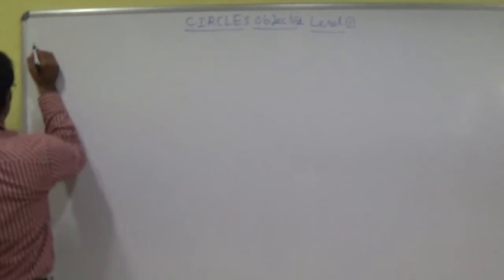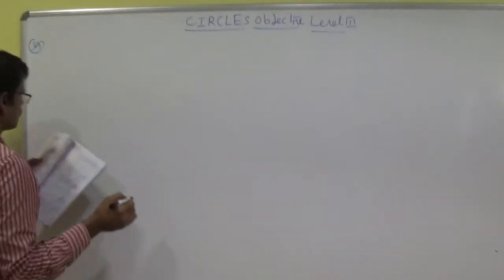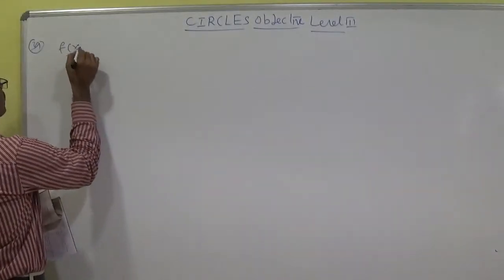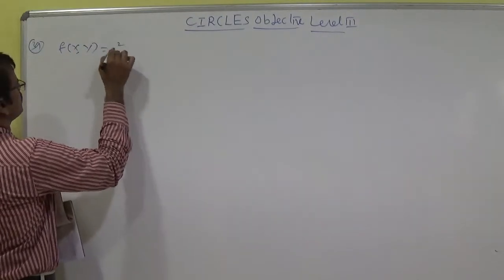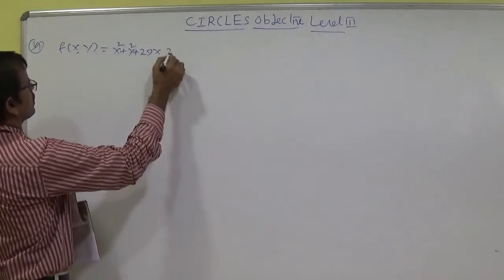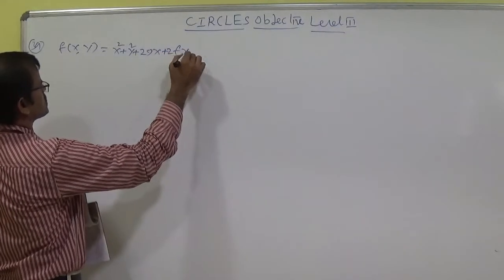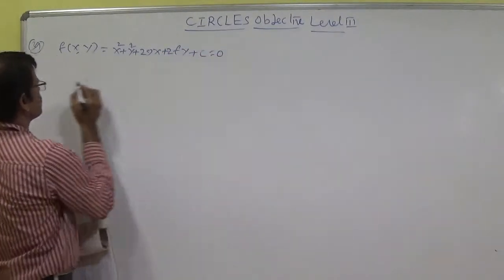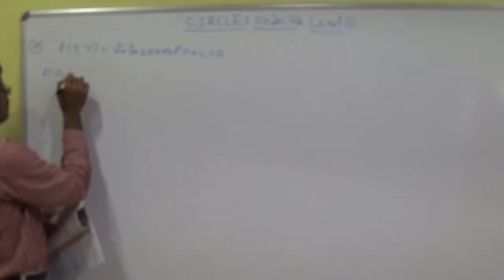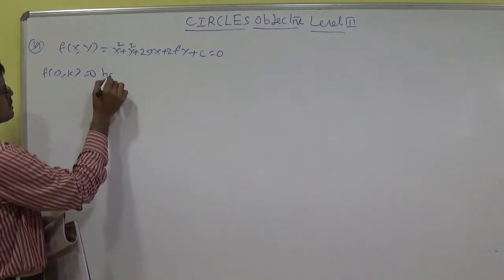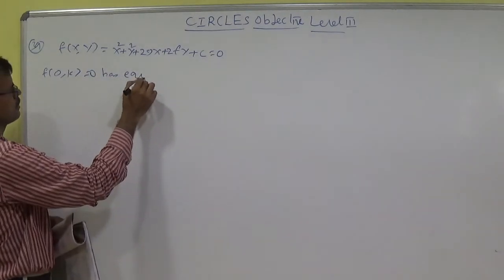f of 0 comma k equal to 0 has equal roots 2 comma 2. f of x comma y is equal to the equation of circle, which we can write as x square plus y square plus 2gx plus 2fy plus c equal to 0. f of 0 comma k equal to 0 has equal roots.